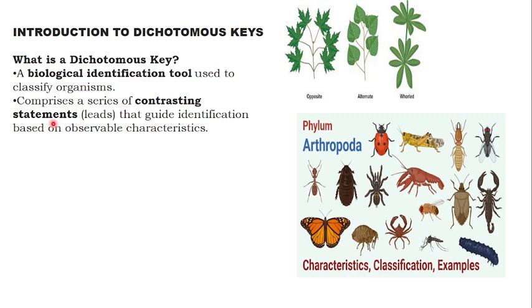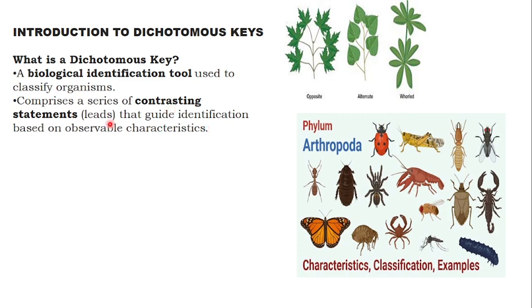It means they use many series. Based on the antennae, we can identify this one. Based on the number of legs, we can identify this. Based on the body parts, this one is this. So there are many series of contrasting statements. I hope you are understanding.